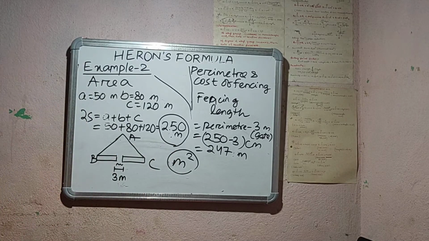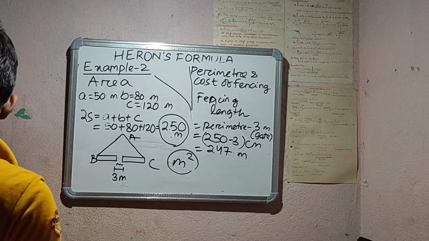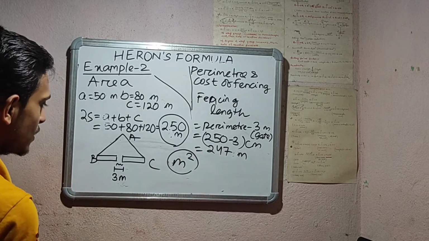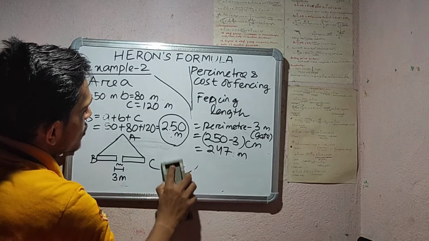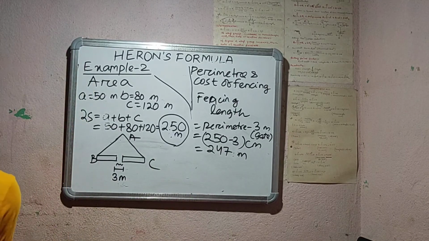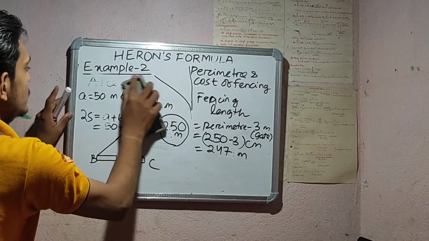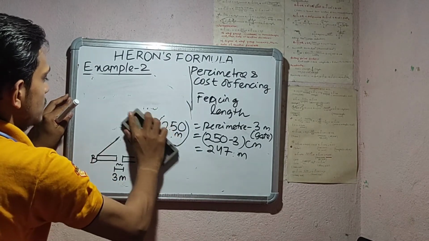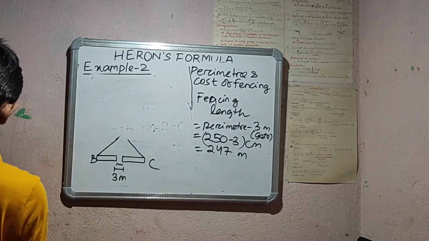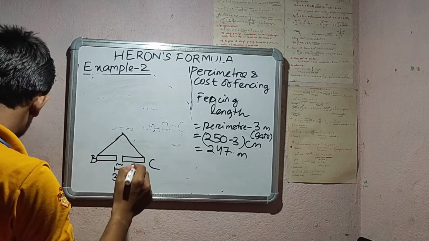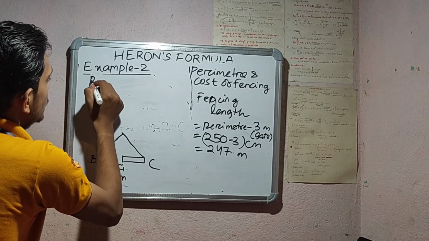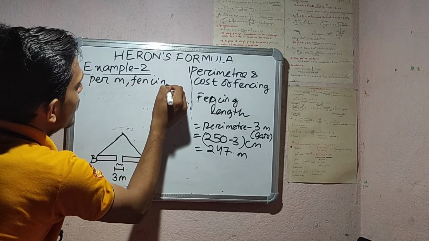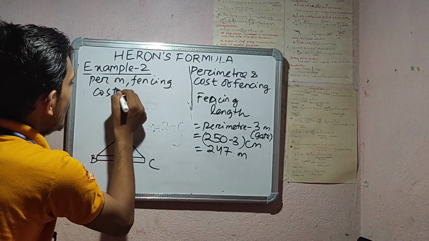Not centimeter square. So 247 meter in this way. This is our fencing length, but per meter fencing cost is how much?